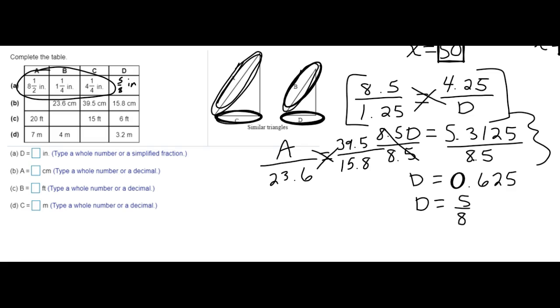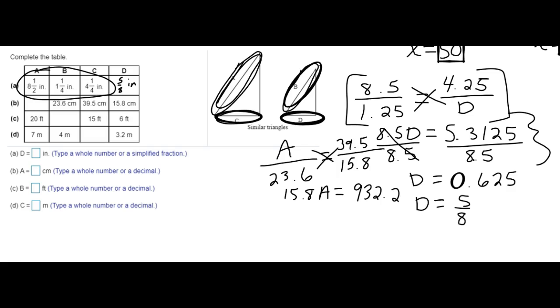And now if we cross multiply, 15.8 times A equals, I'm going to use my calculator, 23.6 times 39.5, get 932.2. There's no rounding there. That was a terminating decimal.